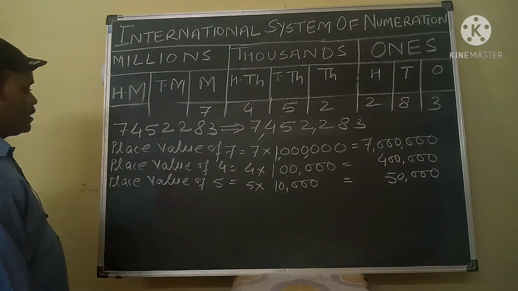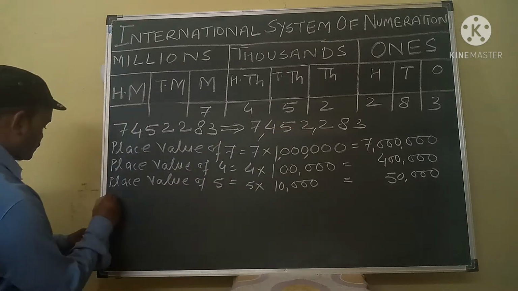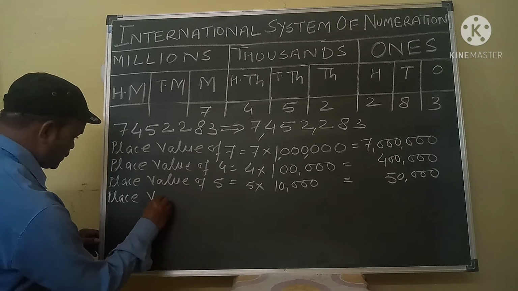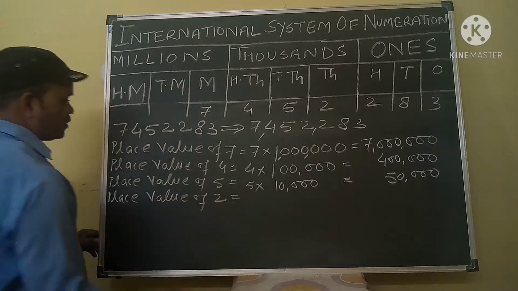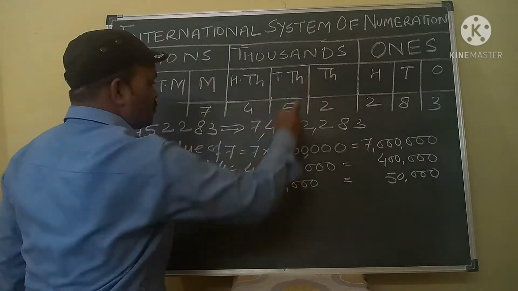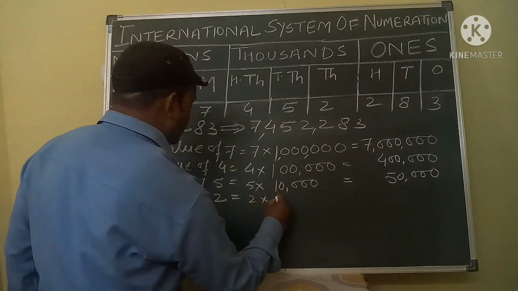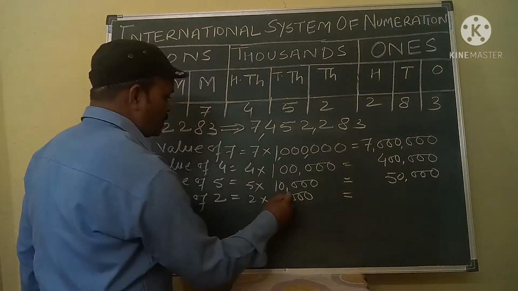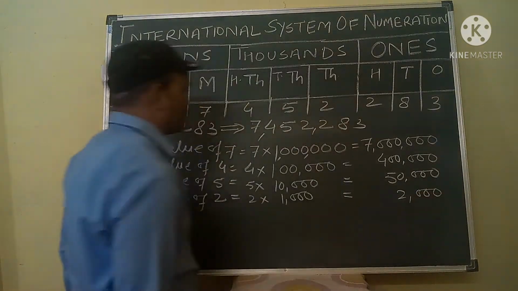Okay. Then after place value of 2. 2 is in thousand place, so 2 multiplied by 1000, it will give to you 2000.